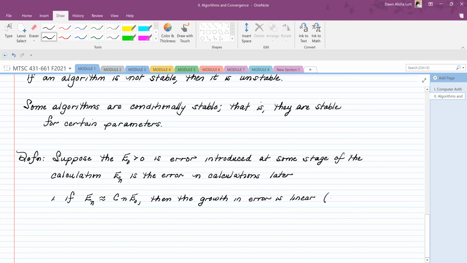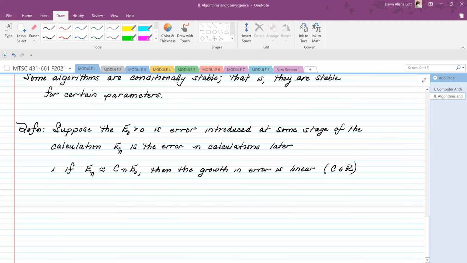And here C is some real number. And if En looks like a constant raised to the n power times E naught, then the growth in error is exponential.